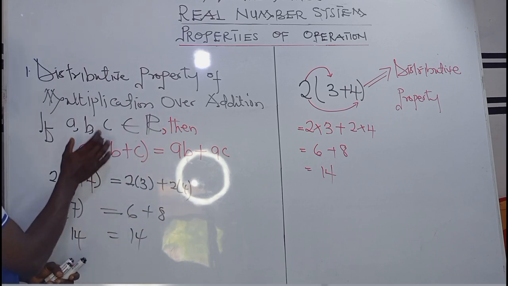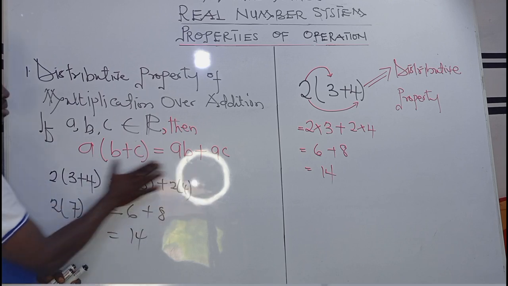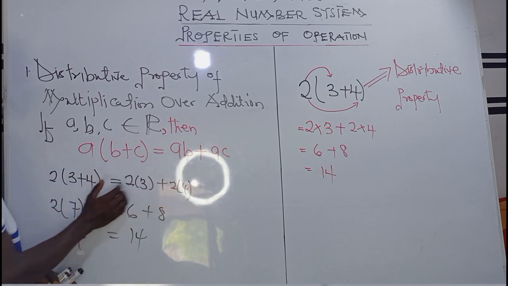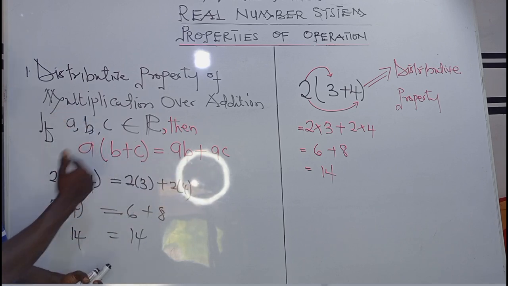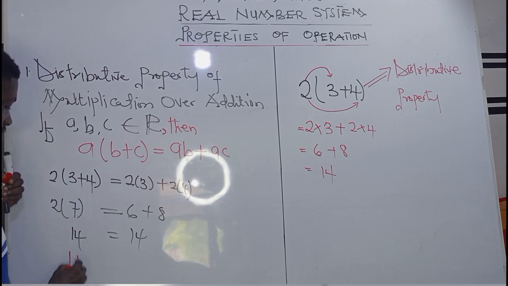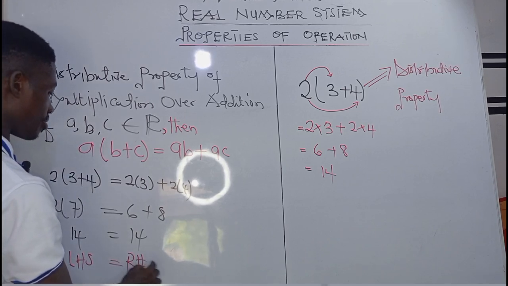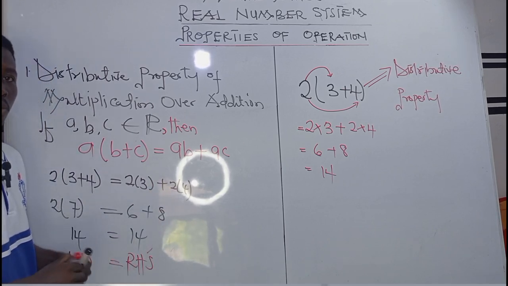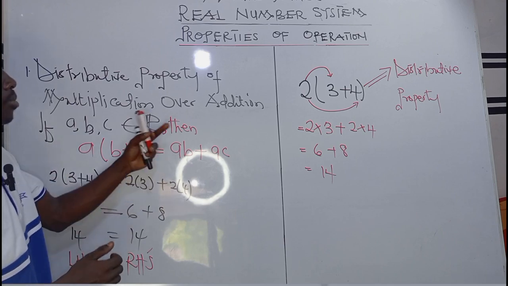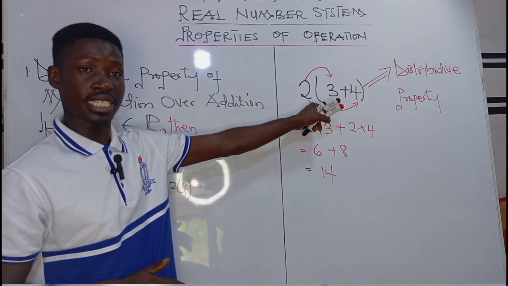It says that when we pick 3 numbers from the set of real numbers and perform them using this property, the outcome on the left hand side will always be equal to the outcome on the right hand side. This is called the distributive property of multiplication over addition. That is what we did here.